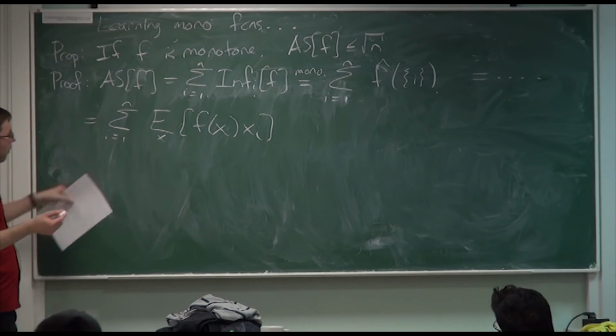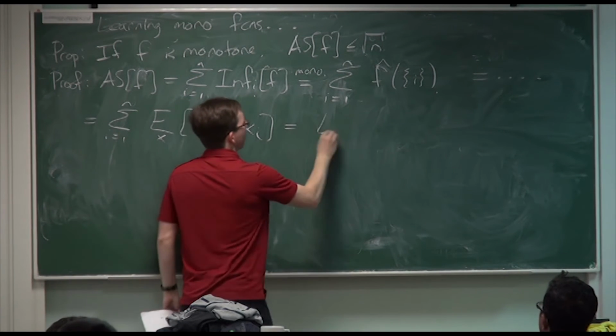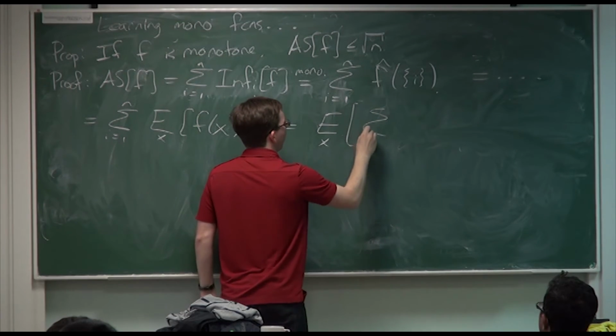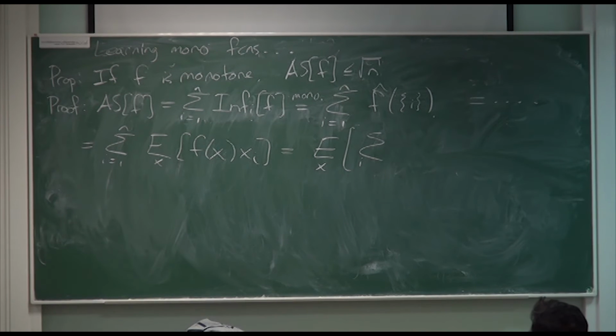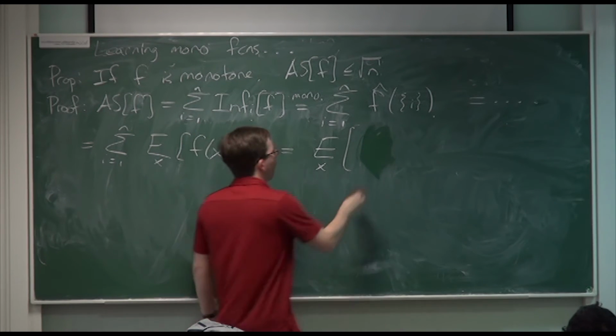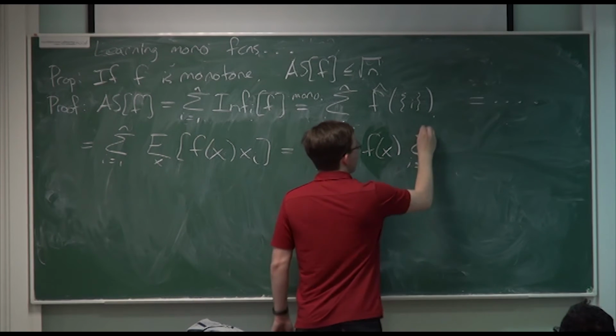Now whenever you face this, of course, you just reverse them. That's basic life strategy. So this is the expectation of the sum, and actually the f of x part doesn't depend on i, so I can factor that out. I'll put f of x here, sum i goes from 1 to n of xi.